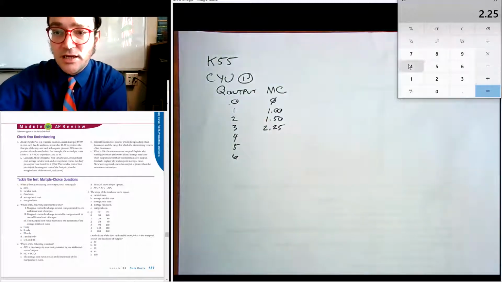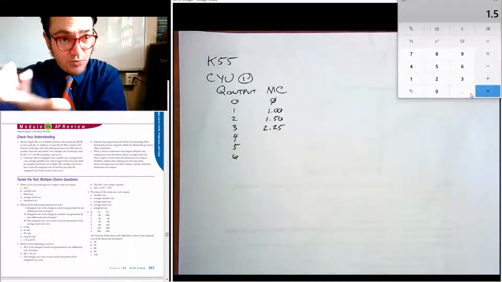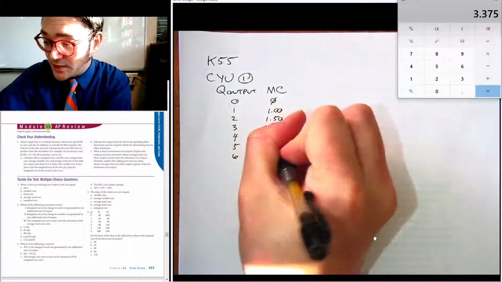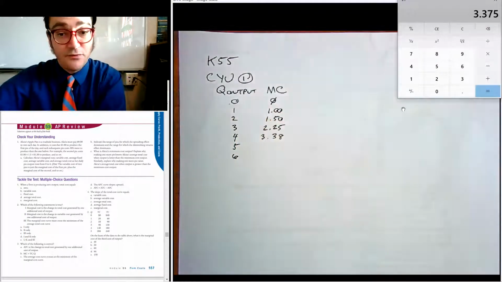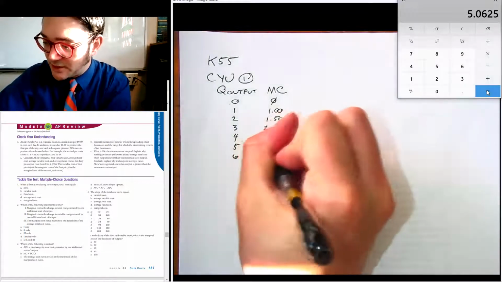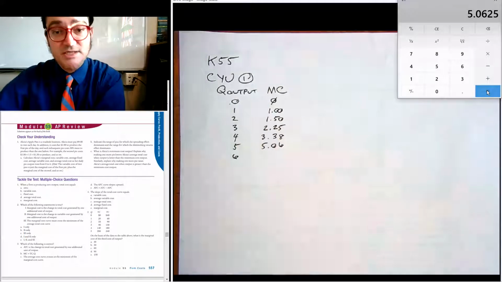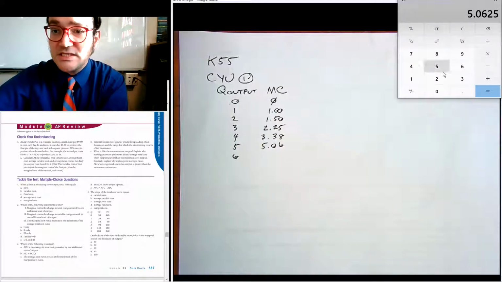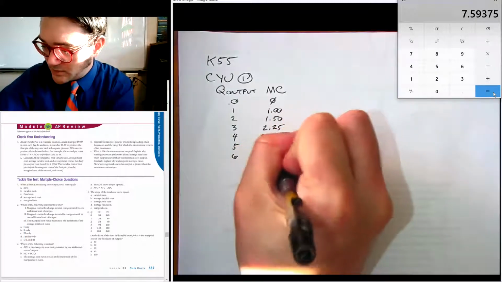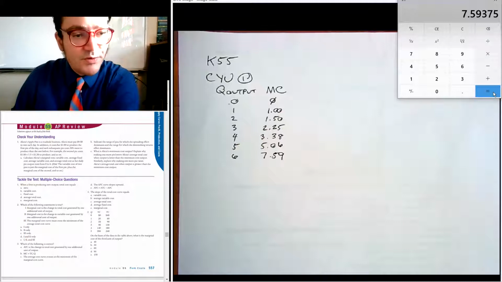Now we're going to say times 1.5 again, because it's 150%, and that's $3.38 for the fourth pie. Times 1.5 is $5.06, her marginal cost of the fifth pie. And the sixth pie, the marginal cost is $7.59. If only we were done right here.